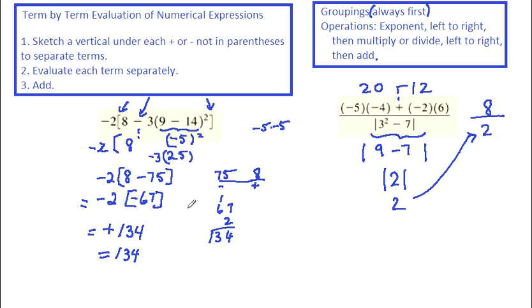And so on these two problems, we didn't really see where we could separate it into terms. We didn't save any work, but in many problems, we will save work by separating it into terms. And I meant to tell you earlier, that is what calculators do. They're programmed by engineers to be as efficient as possible.